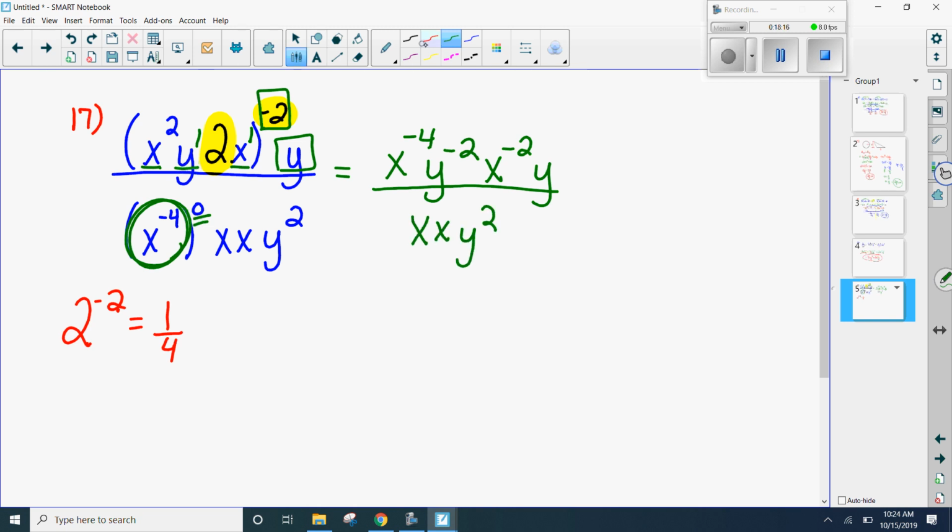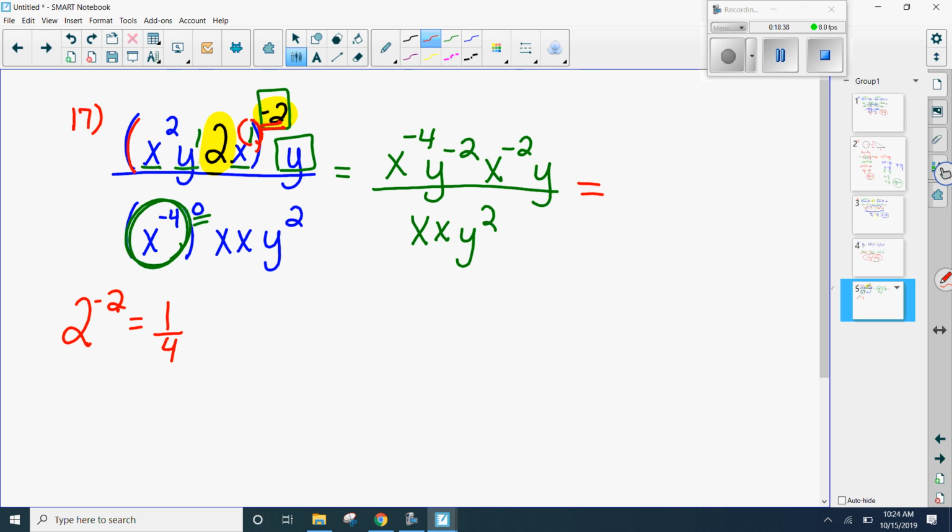If you forget what happens when you take a power and you raise it to a power, you have parentheses right there. What operation does parentheses designate? Multiplication. So you multiply those exponents. Now that I've taken care of the powers, now I just have bases that I'm multiplying together.